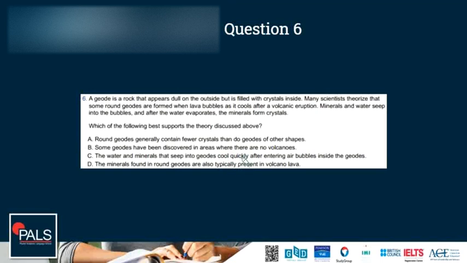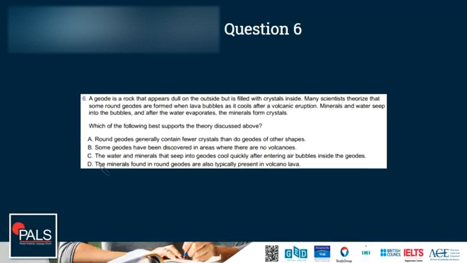So instead of finding crystals when opening the geode rock, he would probably find a load of water inside. So answer C does not support our theory above.